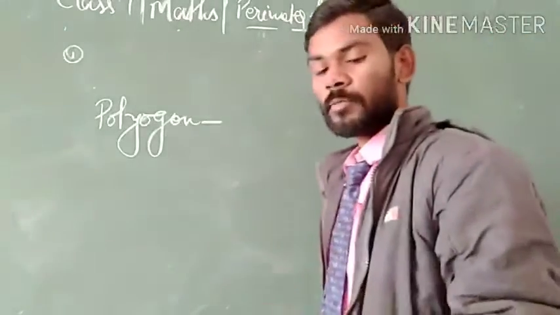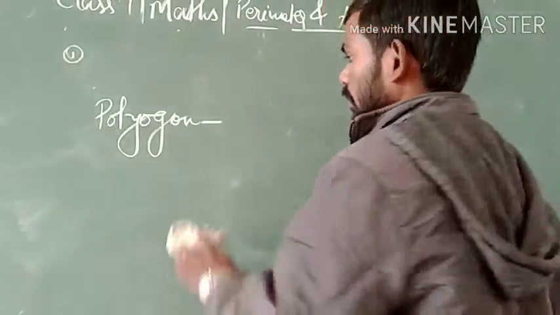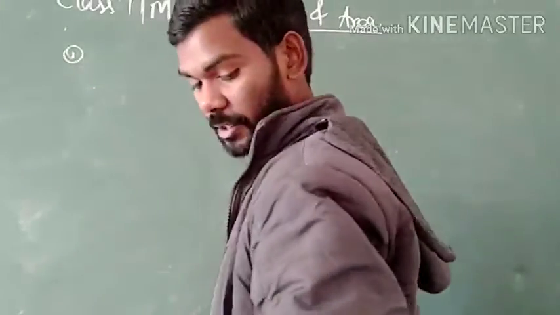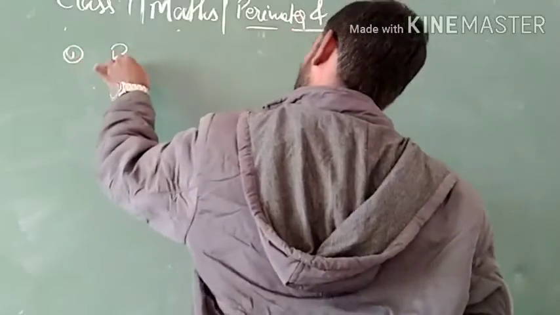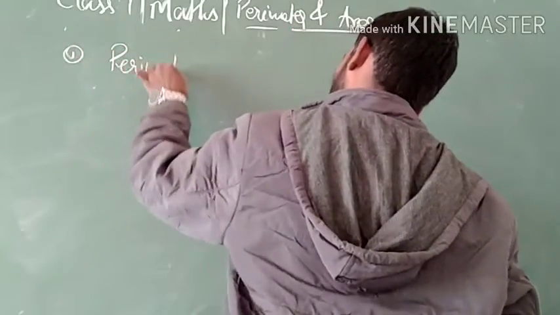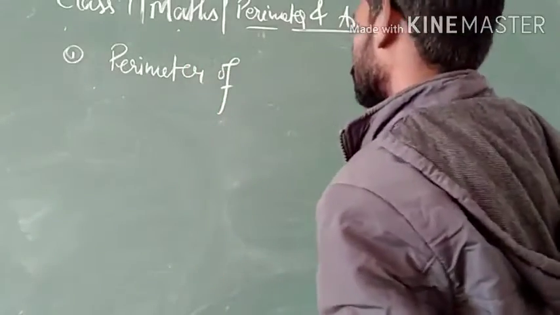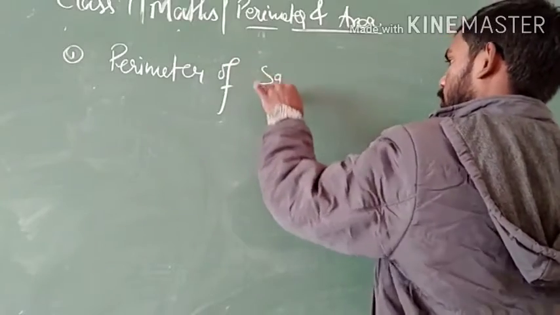So if we have any type of polygon, there is one thing common, that is line segments. Now we shall discuss first the perimeter of a square.